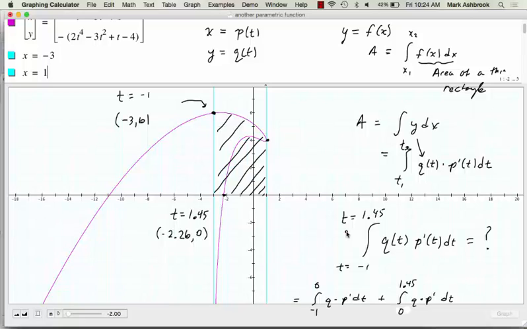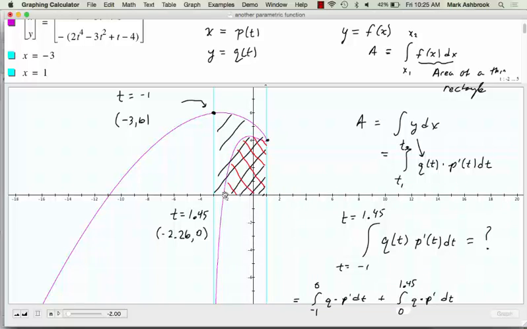Now, what about from t equals 0 now to 1.45? So that's going to be what? So now we're going to go from 0 to 1.45. So it's going to be all of this. But something's different here. What's going on? What happens to the x values as t goes from 0 to 1.45?